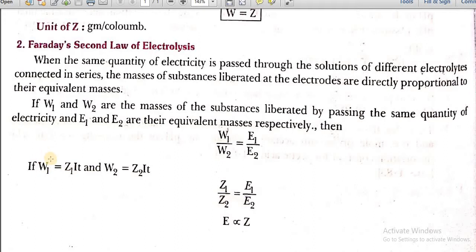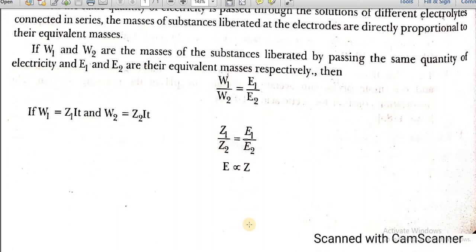And from the above equation we have W equals Z into I into T. So for W1 we can write Z1 into I into T, and similarly W2 equals Z2 into I into T. Now we substitute that value over here. Since I and T are the same, they cancel and it becomes Z1 by Z2 equals E1 by E2. Now when you remove the equal sign, we can put a proportional sign. So equivalent mass is directly proportional to Z, that is the electrochemical equivalent.